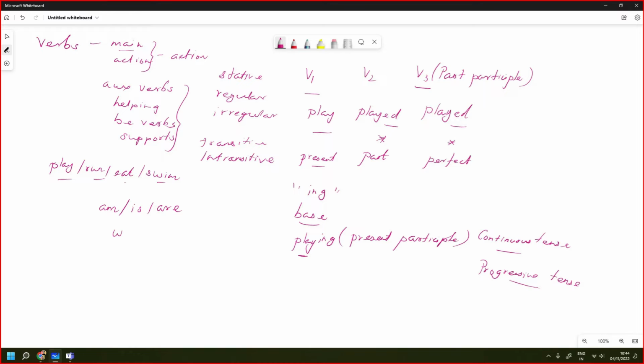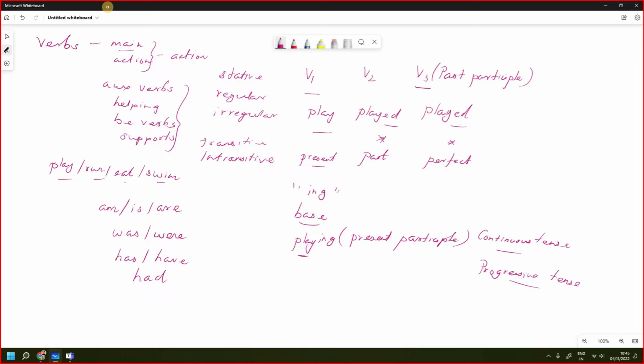The past tense auxiliary verbs are was and were. For the present perfect tense, we have has and have. And for the past perfect, we have one, that is had. These are some of the commonly used.